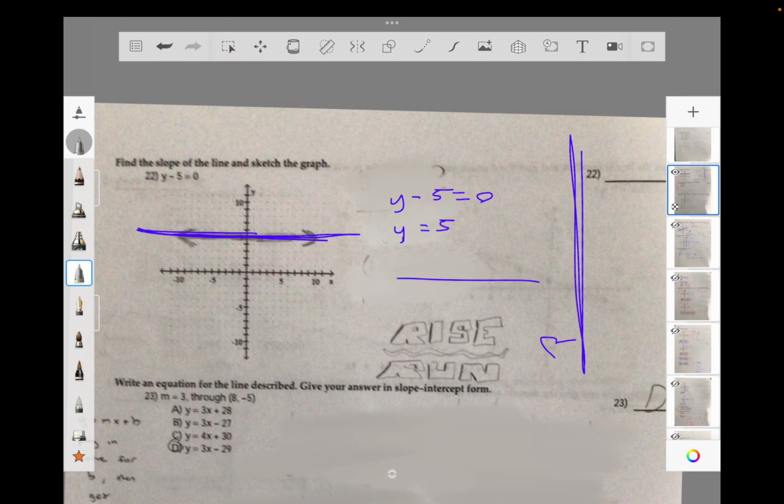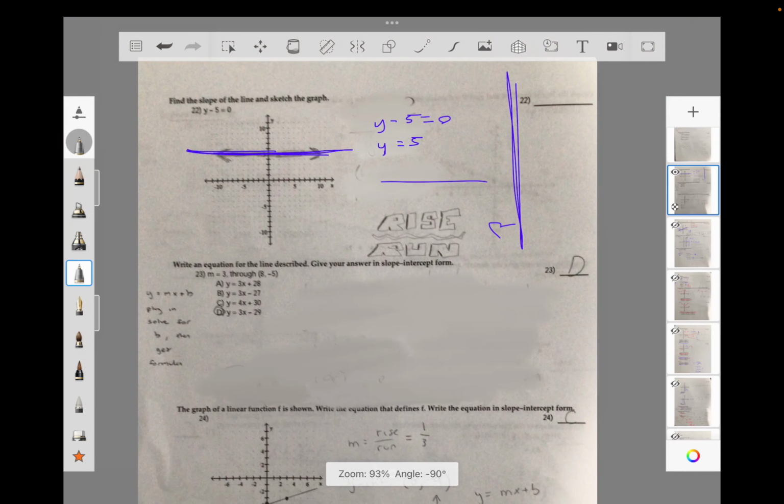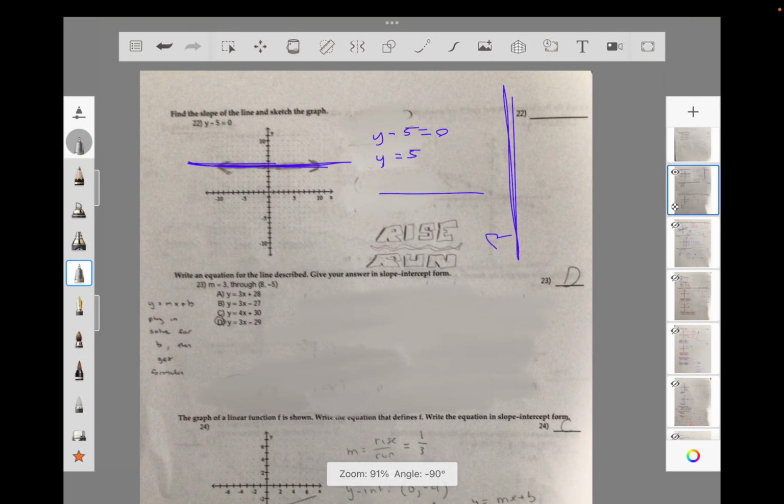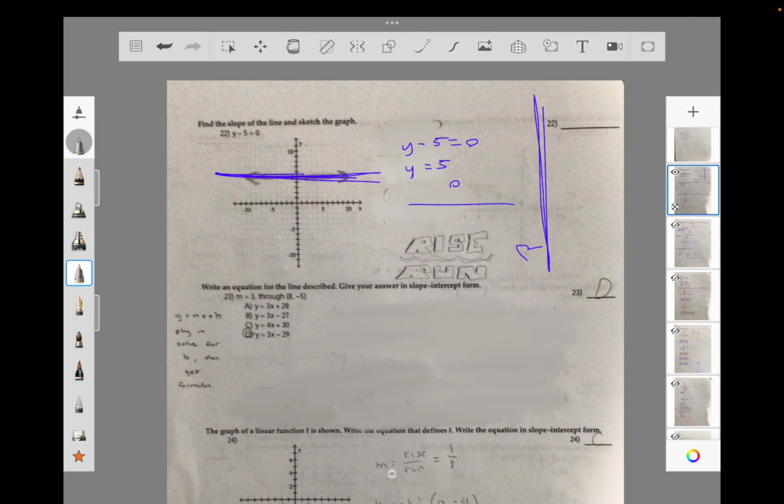There's no angle of decline. So in this case, the slope of the line would be 0 because it's flat.